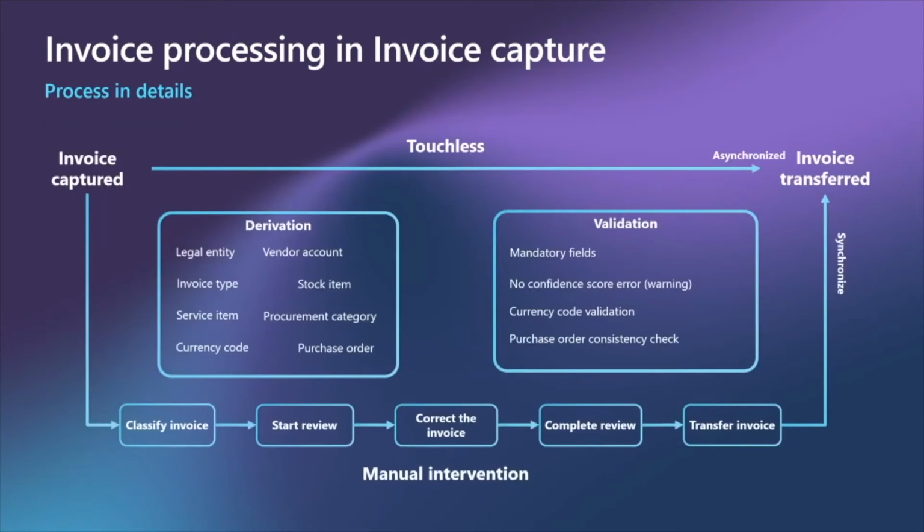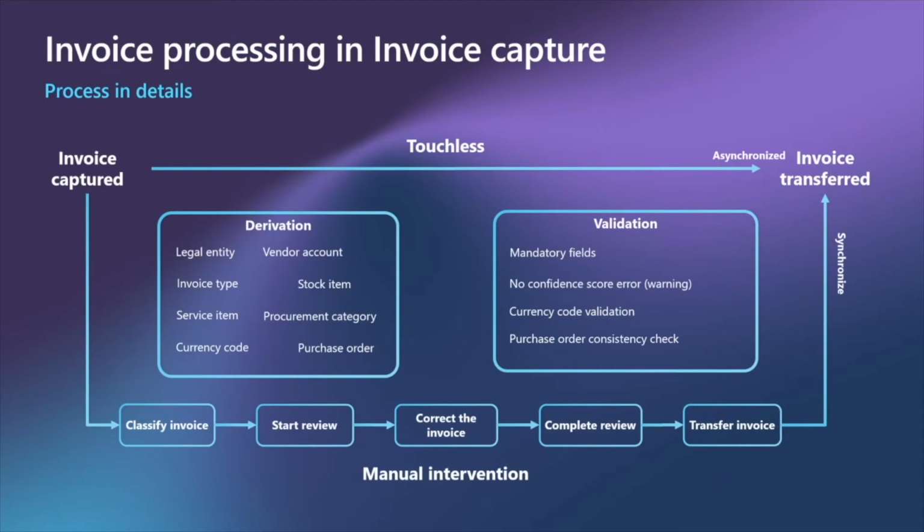Now here are the details of how the invoice gets processed on the invoice capture side. We have 2 processes. One is the touchless, the other is the non-touchless version. Once the invoice is captured, it will do some validation and the derivation logic.